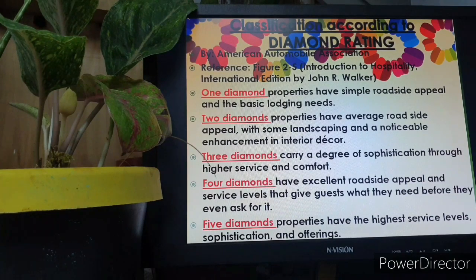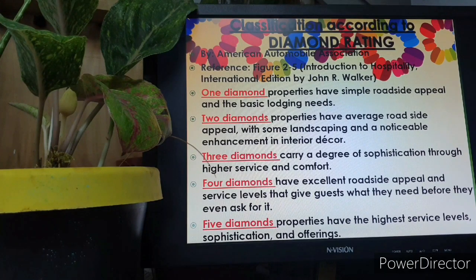The stars are used by the Forbes Travel Guide, which we call the Forbes Rating System, or FRS, formerly known as the Mobil Travel Guide or Mobil Rating System, while diamonds are used by the more commonly known AAA, the American Automobile Association. We also have 3 A's when it comes to resorts.